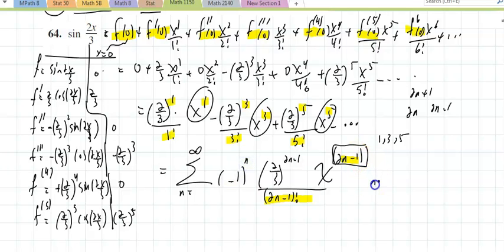Let's try. If I let n equal 3, this saying n equal 3, negative 2/3, 3 in there, that's 6, that's to the 5th power, x to the 5th power over 5 factorial. And if I match it with this, do you notice that this is positive and this is negative? Minus 1 or plus 1 will do. And where can I start? Do you see I can only start at 1 because the first term is x to the 1? And that would be my answer.